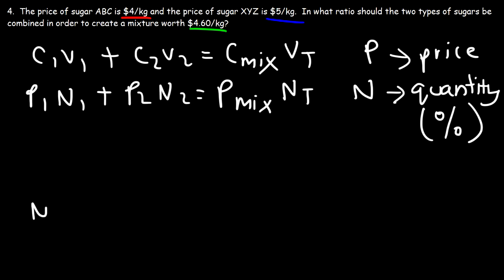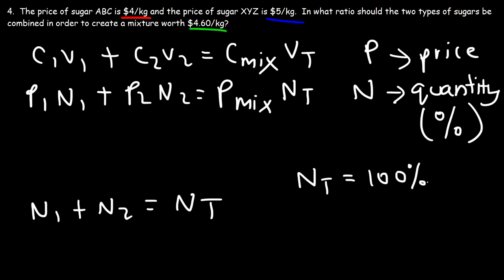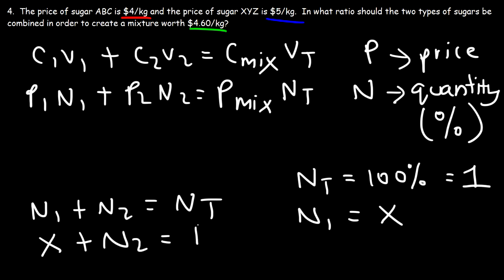Well, we know that N1 plus N2 has to equal NT. And NT, because that's a percentage, we could say that NT is 100%, which as a decimal value is simply 1. So if N1 is X, we have X plus N2, which is equal to 1. If we take X, move it to the other side, we get that N2 is going to be 1 minus X.